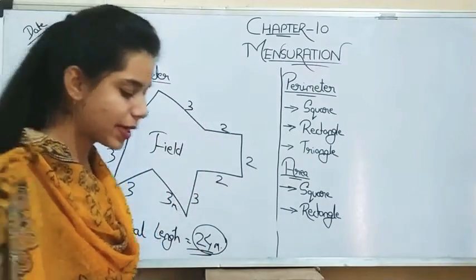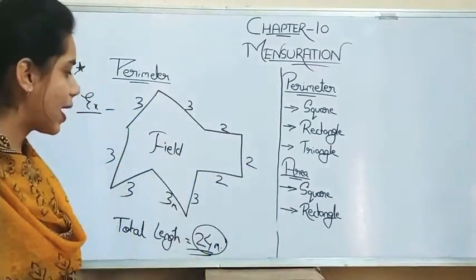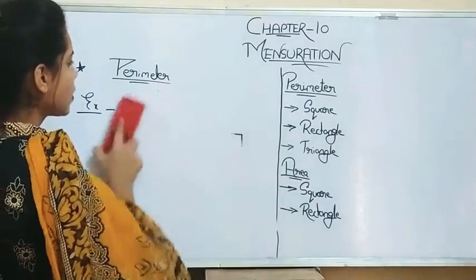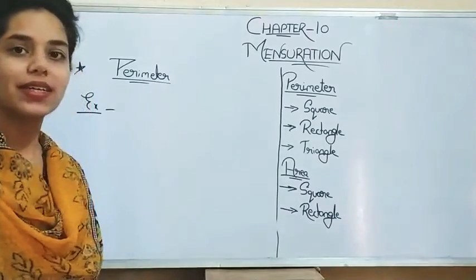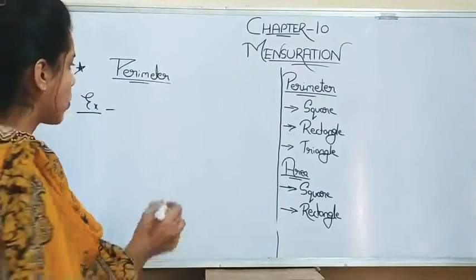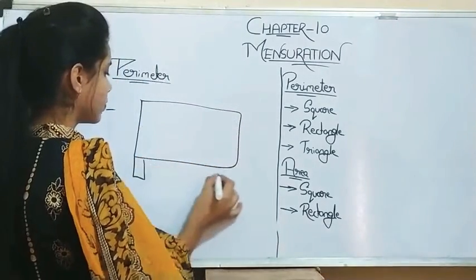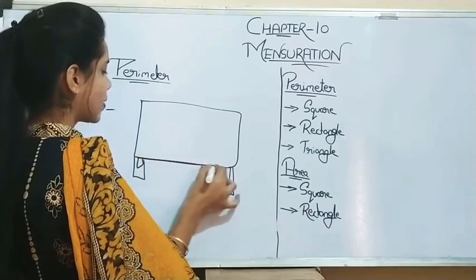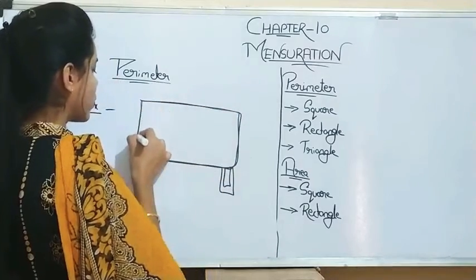If you have a study table and you want to decorate it with any colored tape, suppose this is your study table, you want to cover it with colored tape for the decoration.